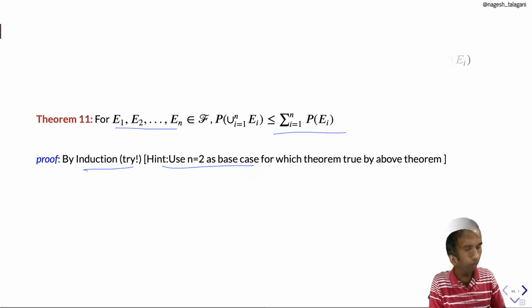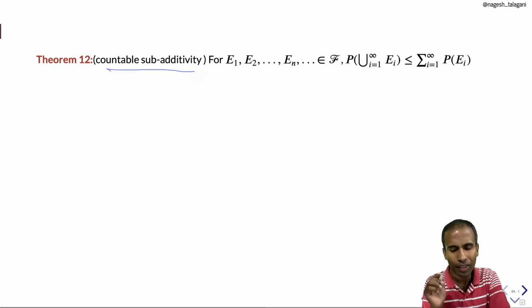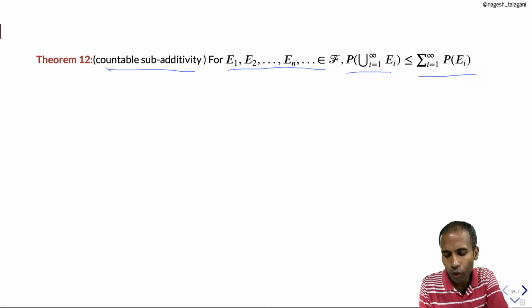Theorem 12, countable subadditivity. Here is the statement. For any countable collection of events E1, E2, and so on in the event space, the probability of their union is less than or equal to the sum of their probabilities. That is, the probability of the union for i equal to 1 to infinity of Ei is less than or equal to the summation for i equal to 1 to infinity of the probability of Ei.